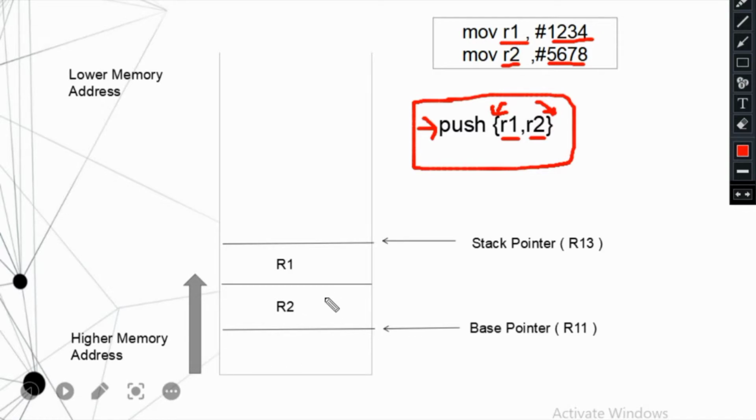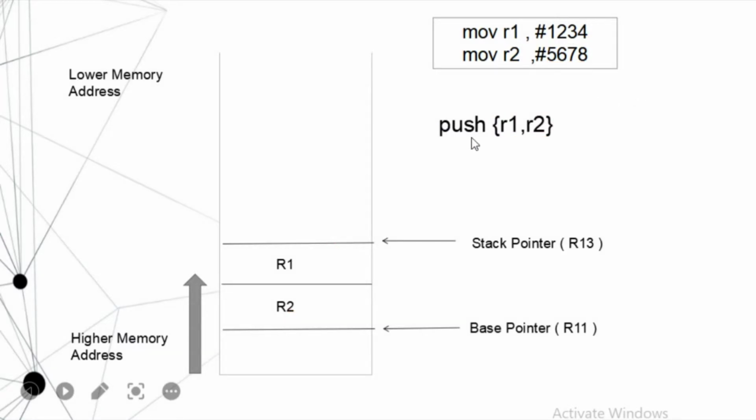So data on the stack will be 5, 6, 7, 8, which is the data in the R2 register. Then the R1 register will be pushed on the stack, which is 1, 2, 3, 4. By this, the stack pointer will point to the top of the stack, where we have stored 1, 2, 3, 4 and 5, 6, 7, 8.